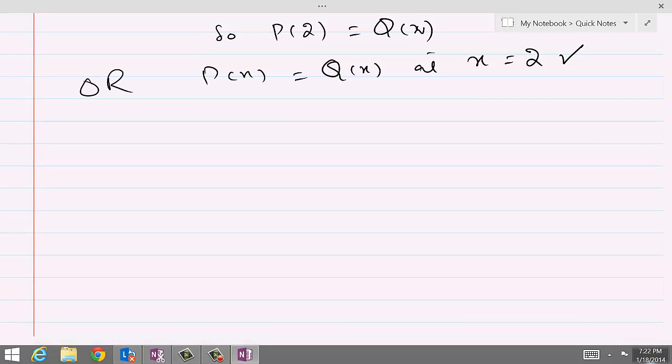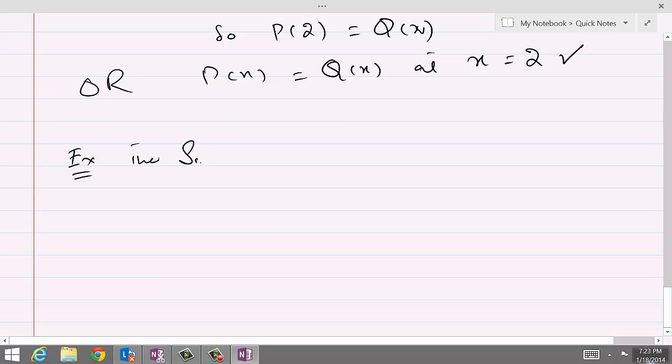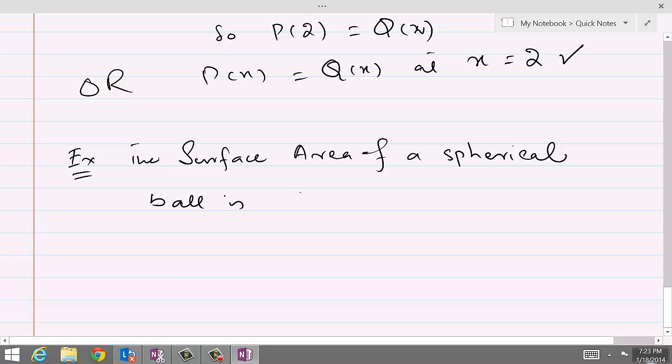The surface area, example here, the surface area of a spherical ball is given by S, where S stands for the surface area, and this is equal to 4 pi r square.